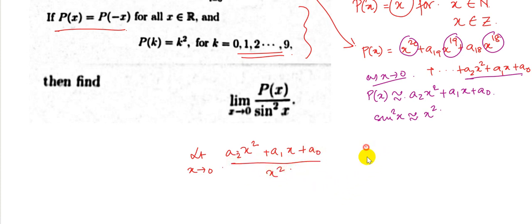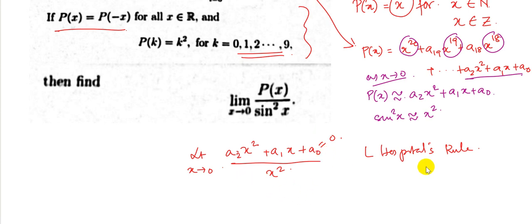Now we apply L'Hospital's rule, because we can see that this is approaching the value of 0. So obviously a0 will be equal to 0 here as x approaches 0.